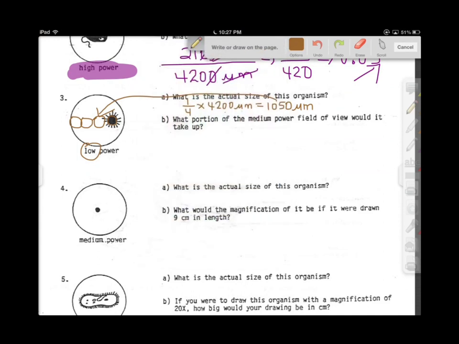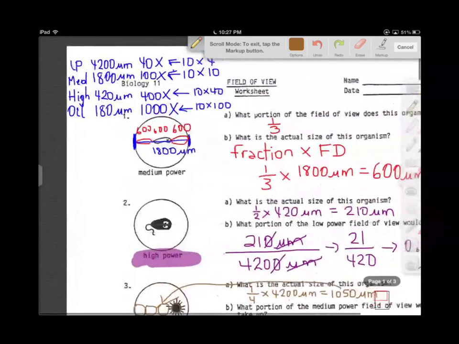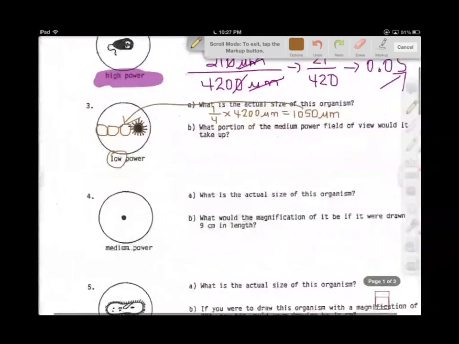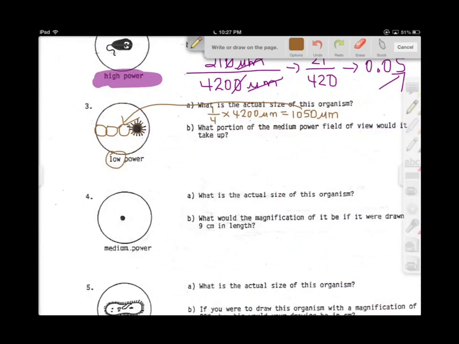Okay, so the medium power field, and if you forget it, you say, okay, medium is 1,800 micrometers. So let's go like that. 1,800 micrometers. And our little friend, he's pretty big.